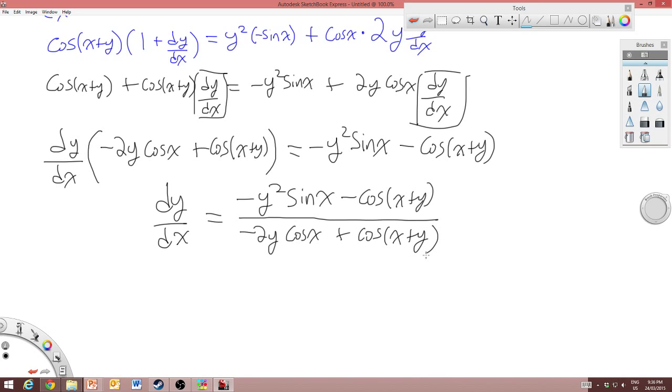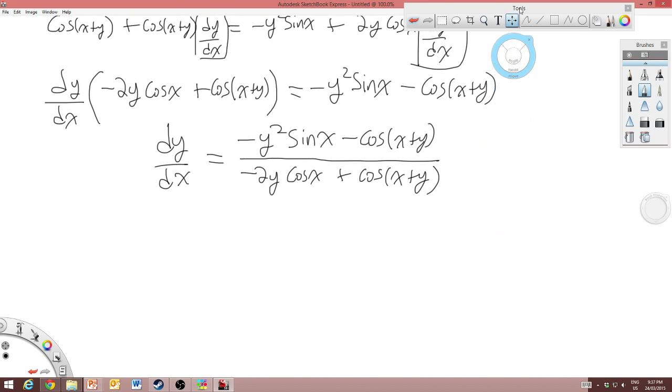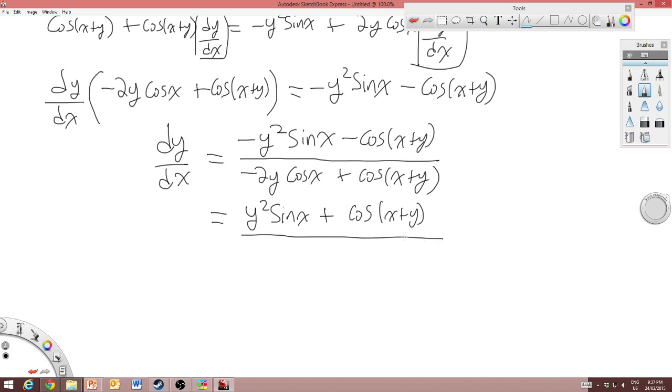We can't really do much to this other than some people would prefer not to have a negative y squared, so they would take out a negative 1 from the top and a negative 1 from the bottom. So you could rewrite this as y squared sine x plus cosine x plus y, all divided by 2y cos x minus cos x plus y.